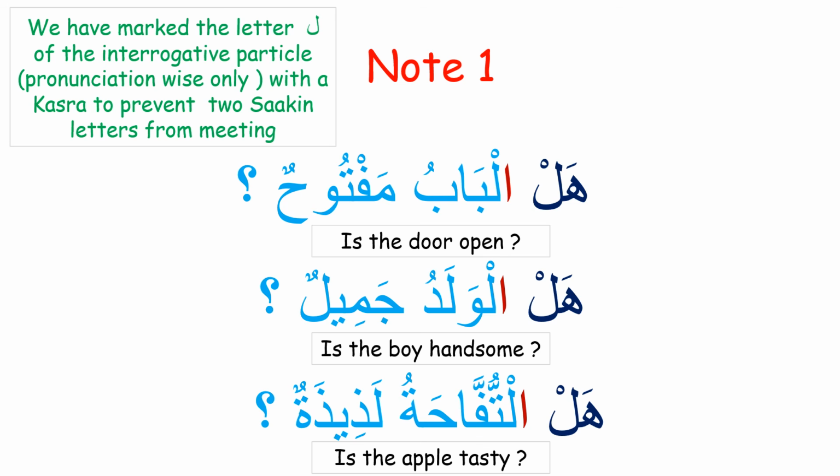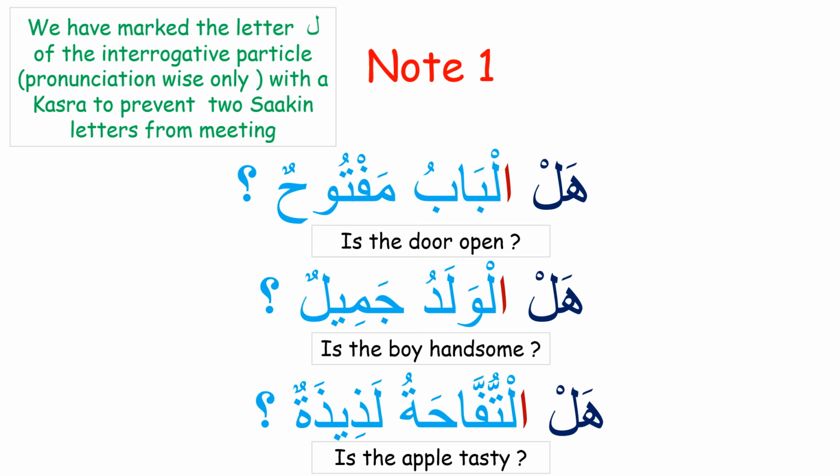And the rule is to change the diacritic of the first second letter to a movement mark, either a fatha, a kasra, or a dhamma. In the case of hal, it will always be a kasra, resulting in hali.